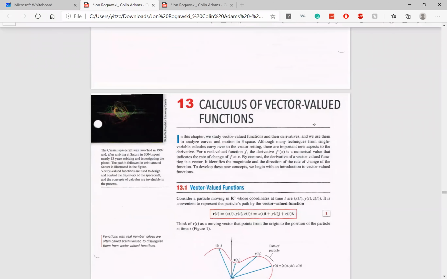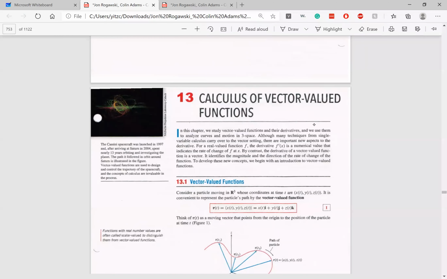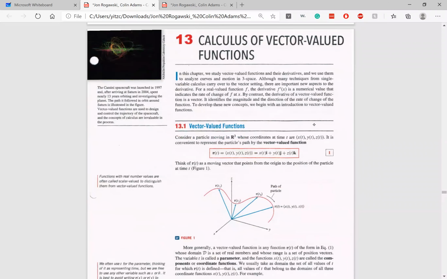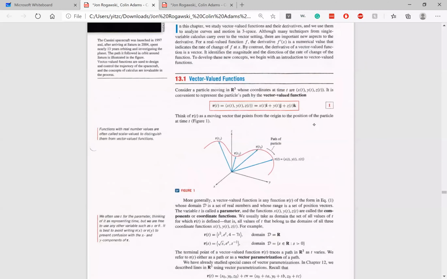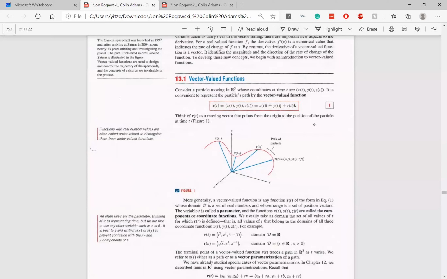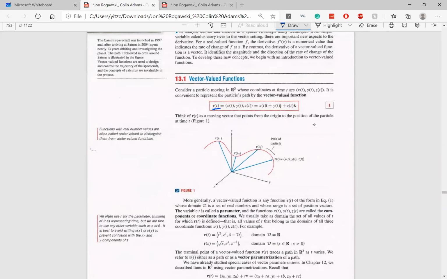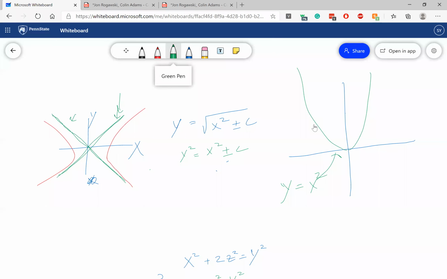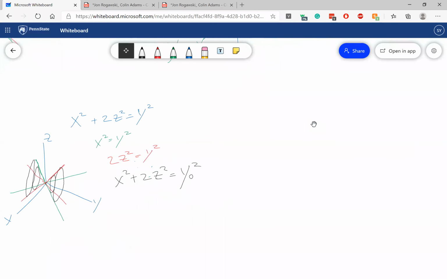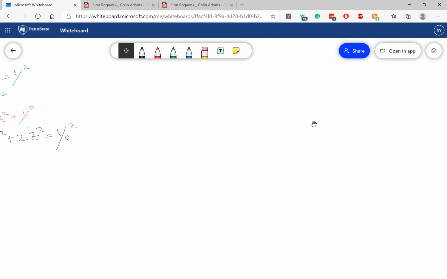Okay, good. Vector valued functions. So we're going to continue here. They first start off by just talking about different r of t's. So here's my r of t, and they say I want my r of t to have an x coordinate. We already did this with lines. We had very simple r of t's.